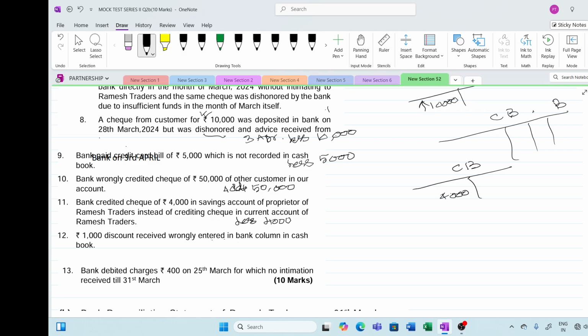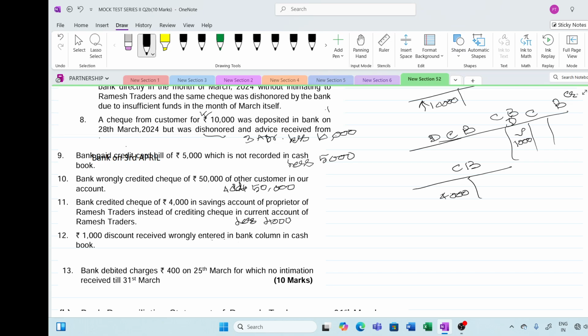This will be bank, this will be cash, this will be discount on the credit side. Same thing on the debit side also. You will be having discount allowed column, cash and bank column. So discount received automatically should go into this column, 1,000 rupees. Okay, because discount received is an income.